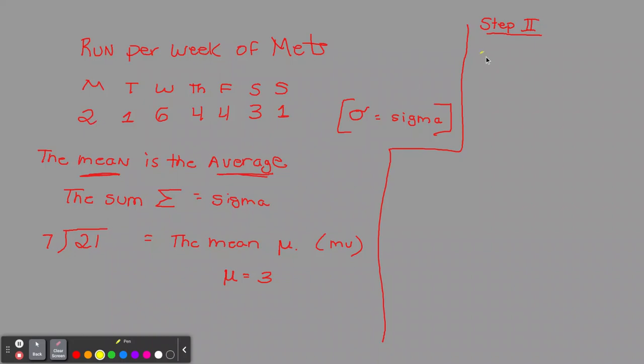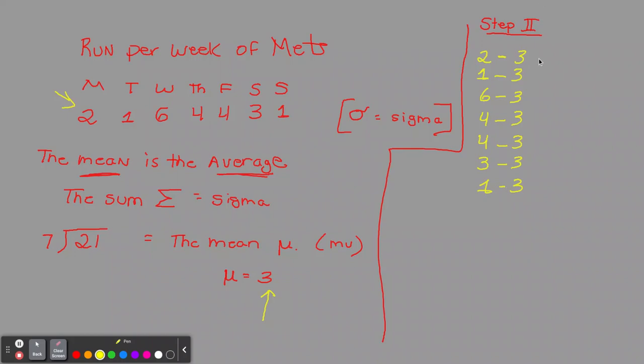So we had 2, we had 1, we had 6, we had 4, we had 4, we had 3, we had 1. Right over here, right? These runs. And we're going to subtract it from the mean, which is right there, 3. 2 minus 3, 1 minus 3, 6 minus 3, 4 minus 3, 4 minus 3, 3 minus 3, and 1 minus 3.